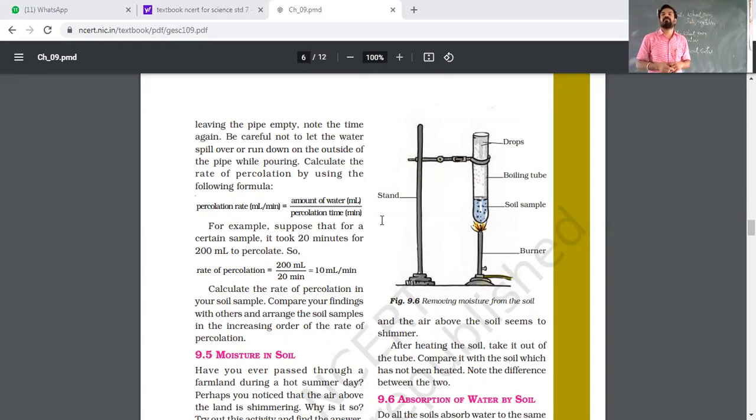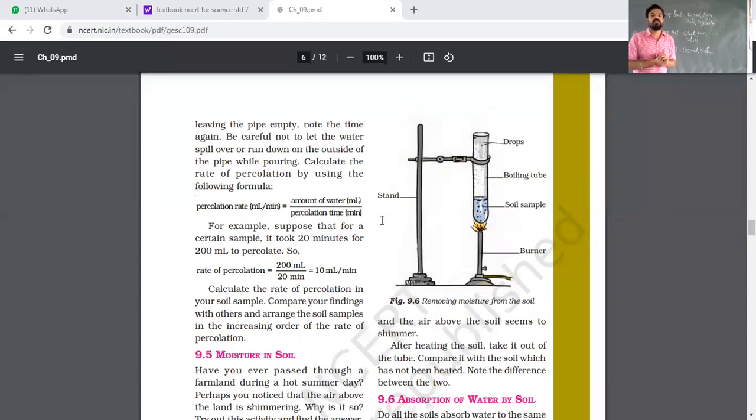As in the example I discussed yesterday, if 200 ml of water percolated in 20 minutes, then 200 ml divided by 20 gives 10 ml per minute. That is the percolation rate.